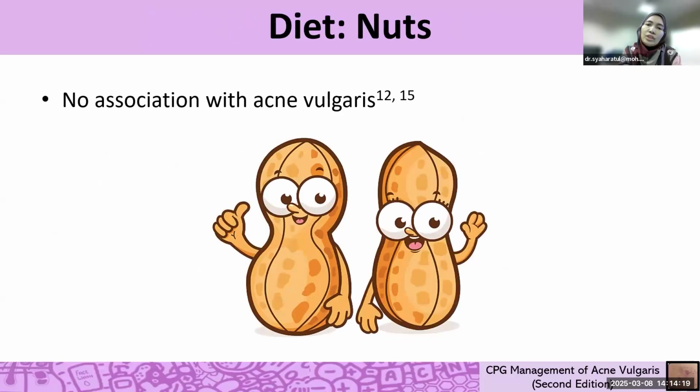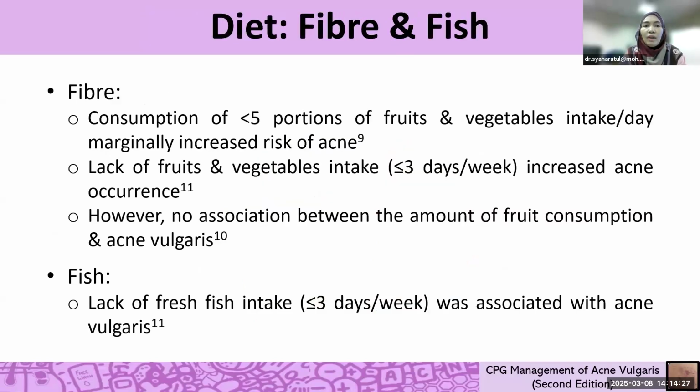So far the literature search showed no association with acne vulgaris. Fiber. Lack of fruits and vegetables is marginally related with increased risk of acne. Similarly, with fish, lack of fresh fish intake was associated with acne vulgaris.